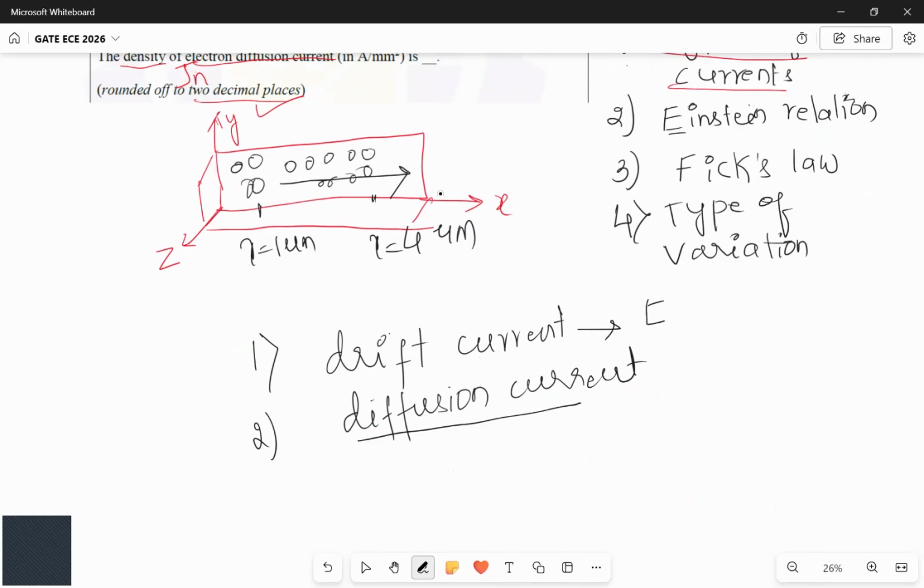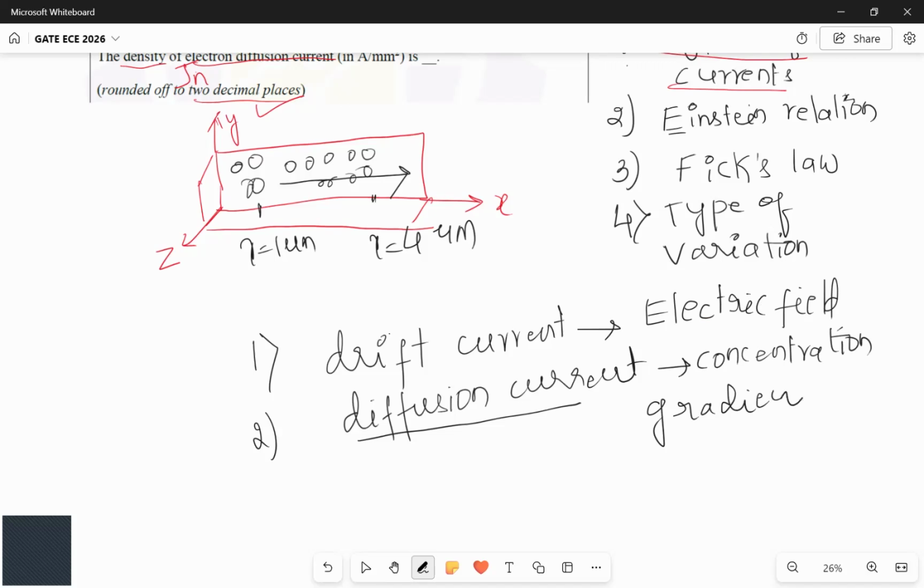Drift current is due to the external electric field applied or generated. Diffusion current is due to the concentration gradient. This is what is asked in the question. So we have two types of current, drift and diffusion current. This is the first concept.